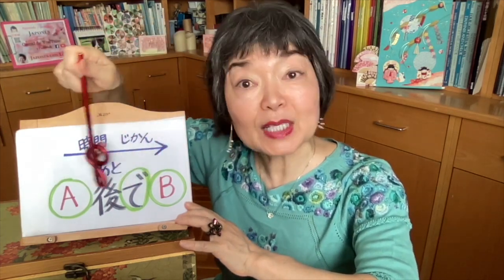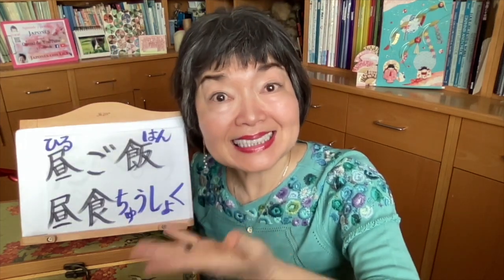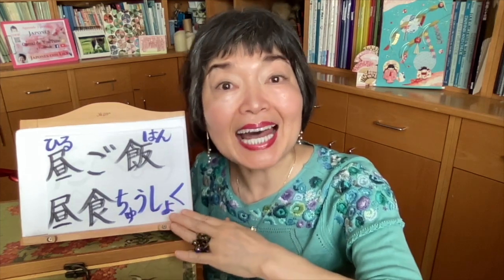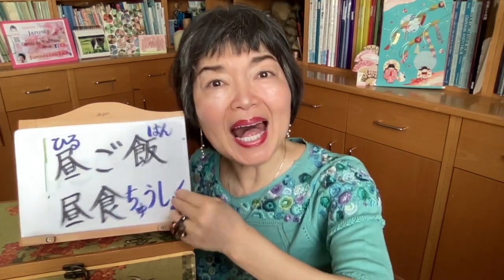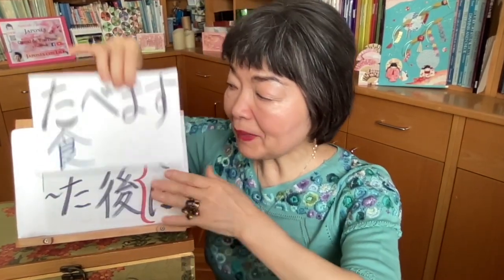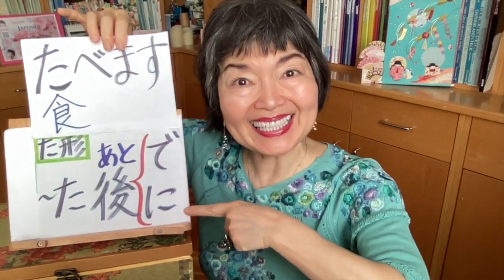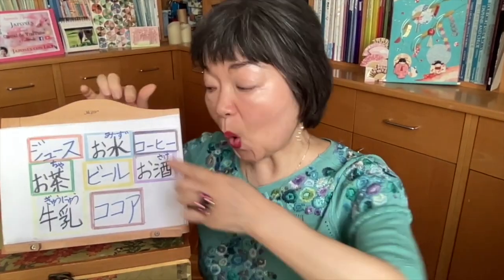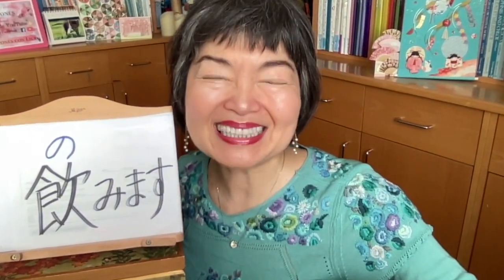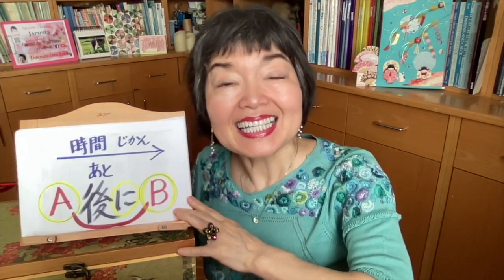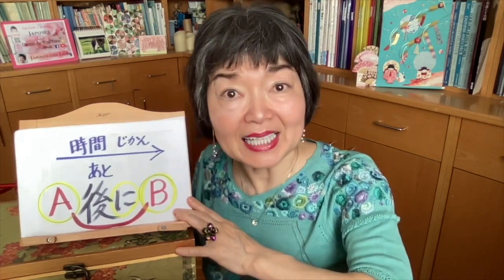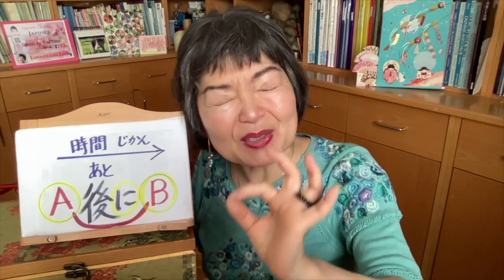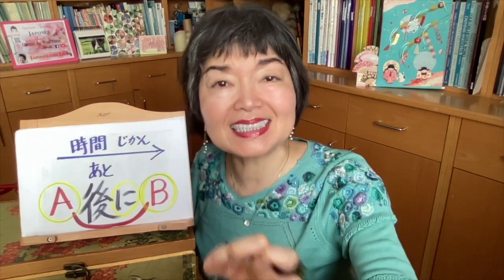In this case, 後で. Now I'm going to make the same sentence, but instead of た後で, I'm going to use た後に. 昼ごはんを食べた後にコーヒーを飲みました。In this case, the English translation is the same, but the nuance is very slightly different.